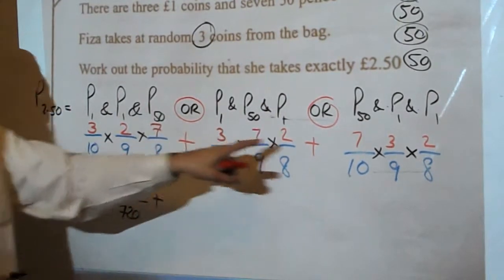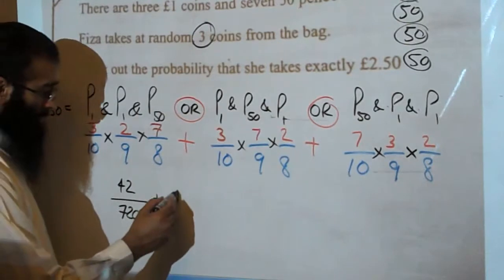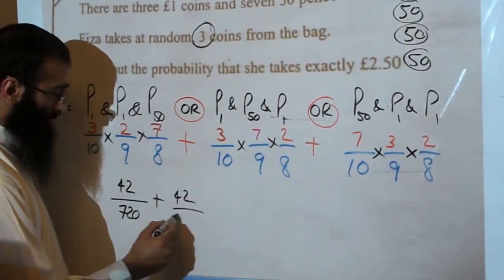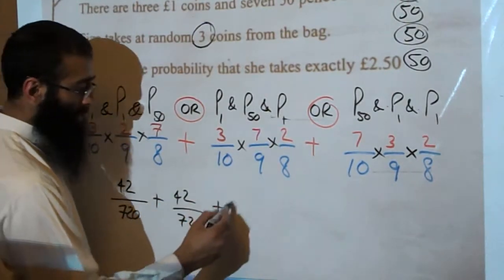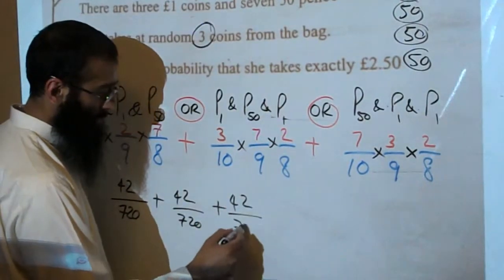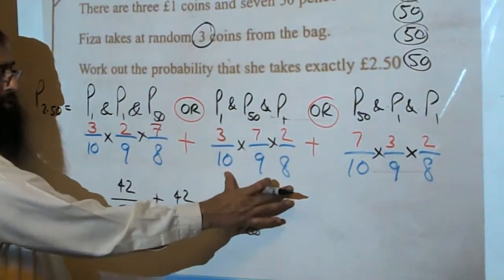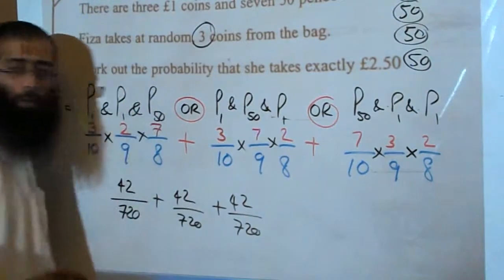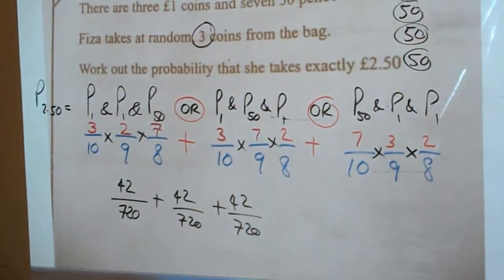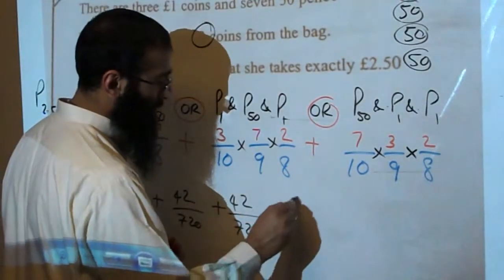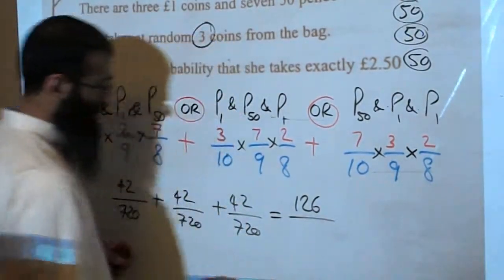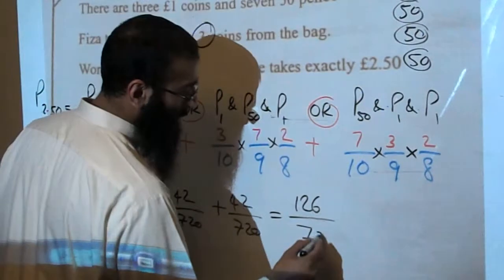Have we got the same numbers running each time? And the bottom numbers the same? Okay, here we go. That gives you 42 over 720, and that gives you 42 over 720, and another 42 over 720. So 42 plus 42 plus 42 gives us on top 126. That gives us 126 over 720, which stays the same on the bottom.